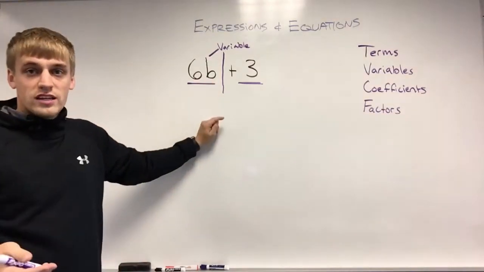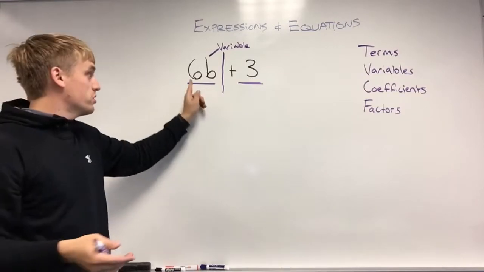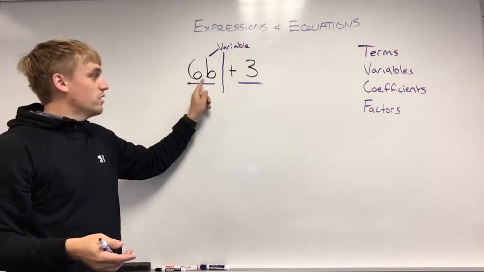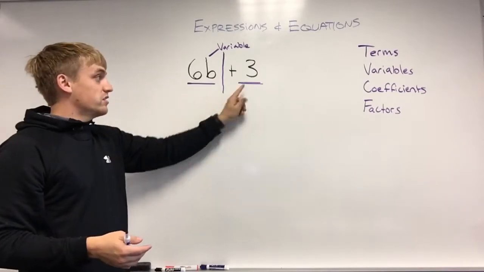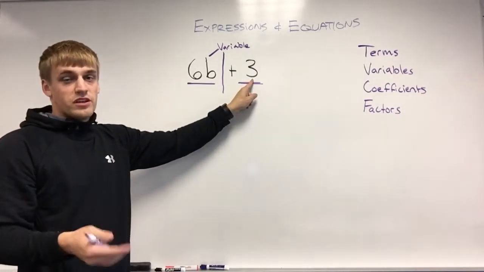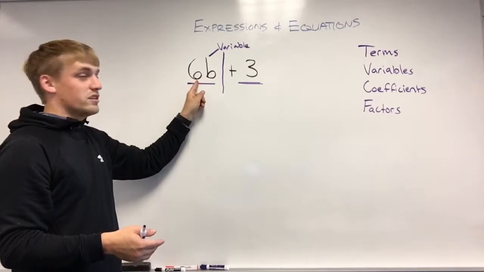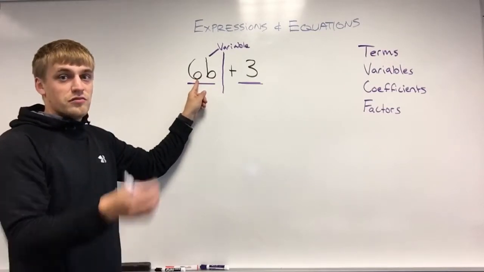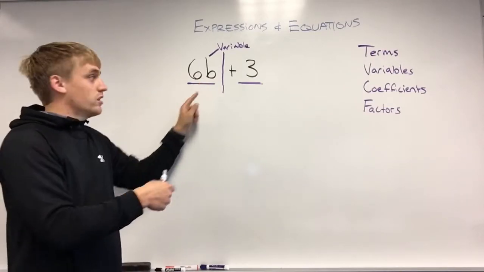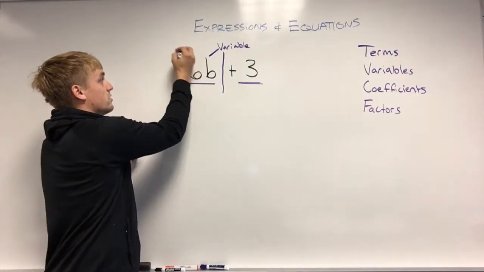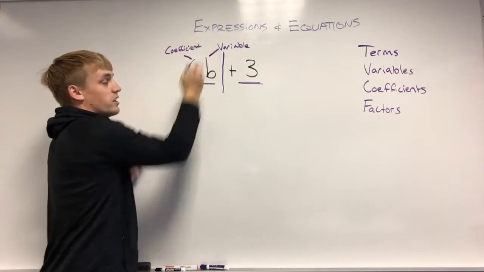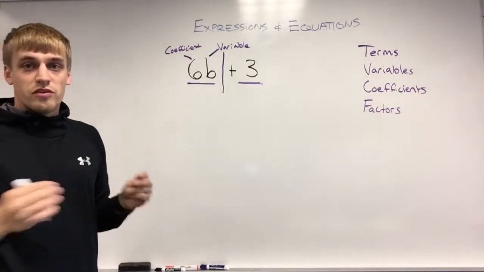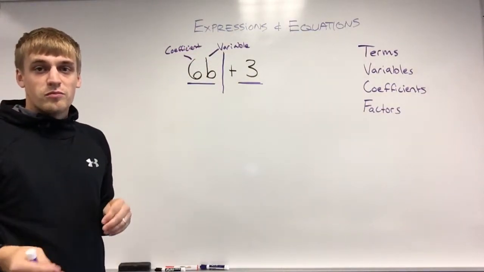The reason we call it a constant is because it's never going to change. It's always going to be a 6 in this case. Another constant in this mathematical sentence is this 3. This 3 is never going to change. But this constant is special because it's in front of a variable. So we call this constant a coefficient. A coefficient is just the number in front of a variable in a term in an expression.